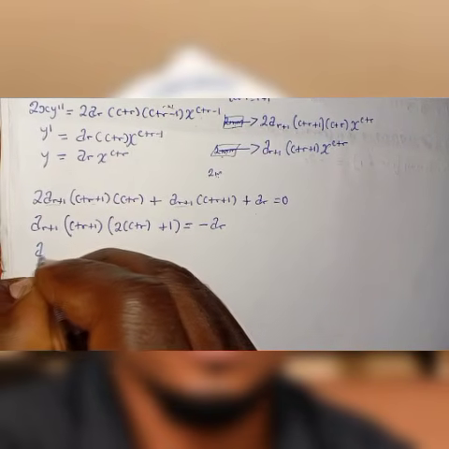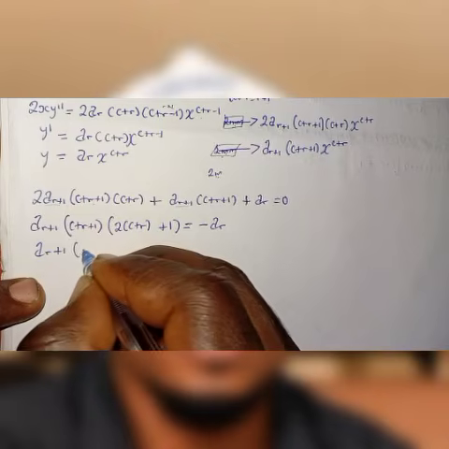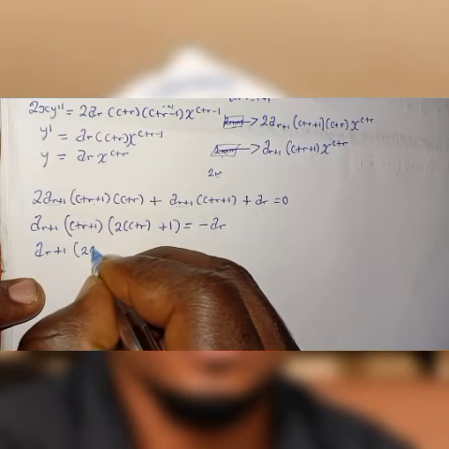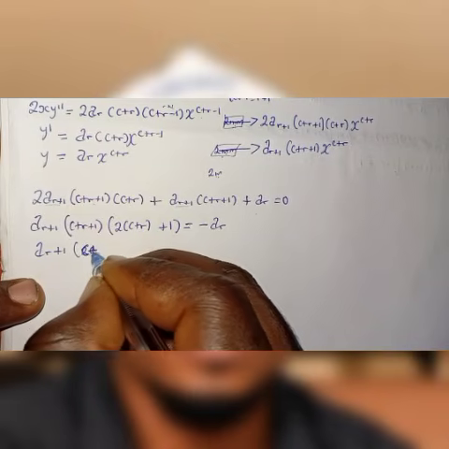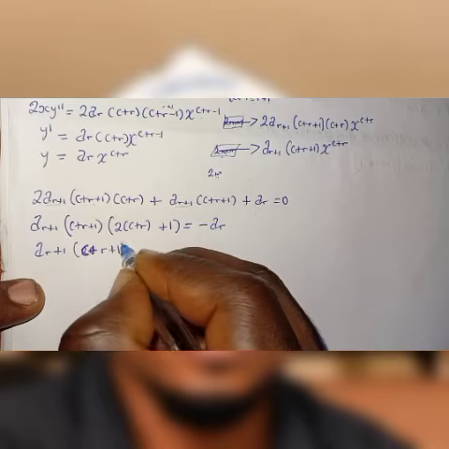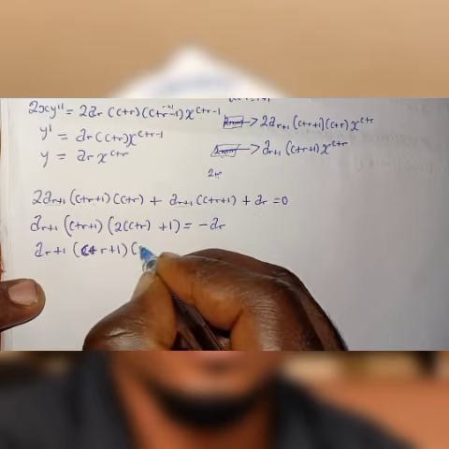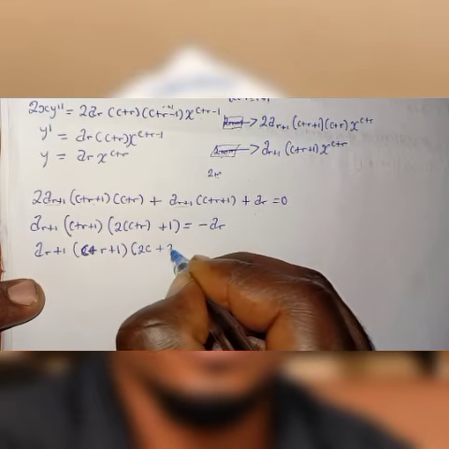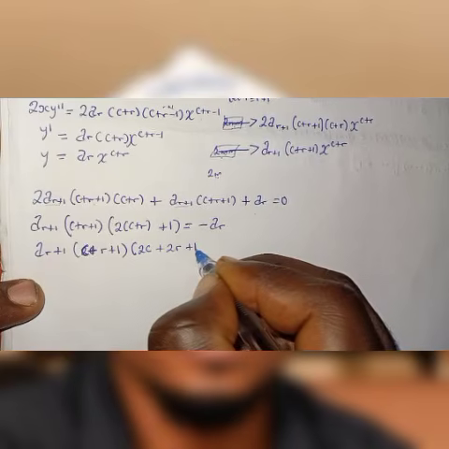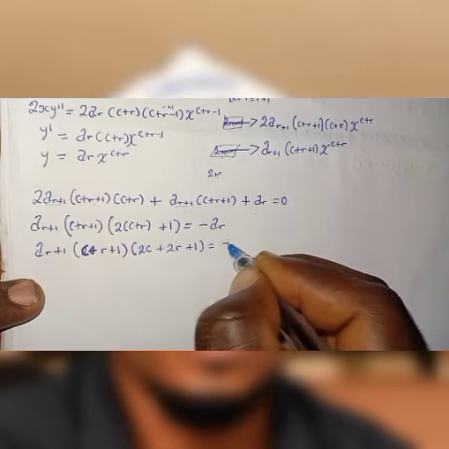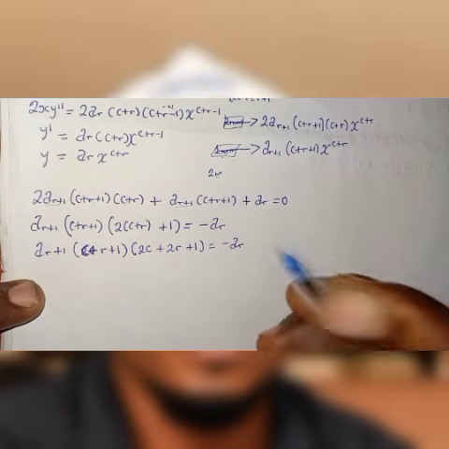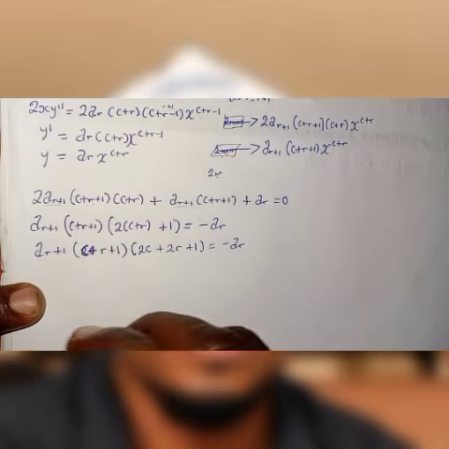Now it will be a_{r+1}, c plus r plus 1, 2 times c plus r plus 1. If I open the bracket, I will have 2c plus 2r plus 1 equals to minus a_r.